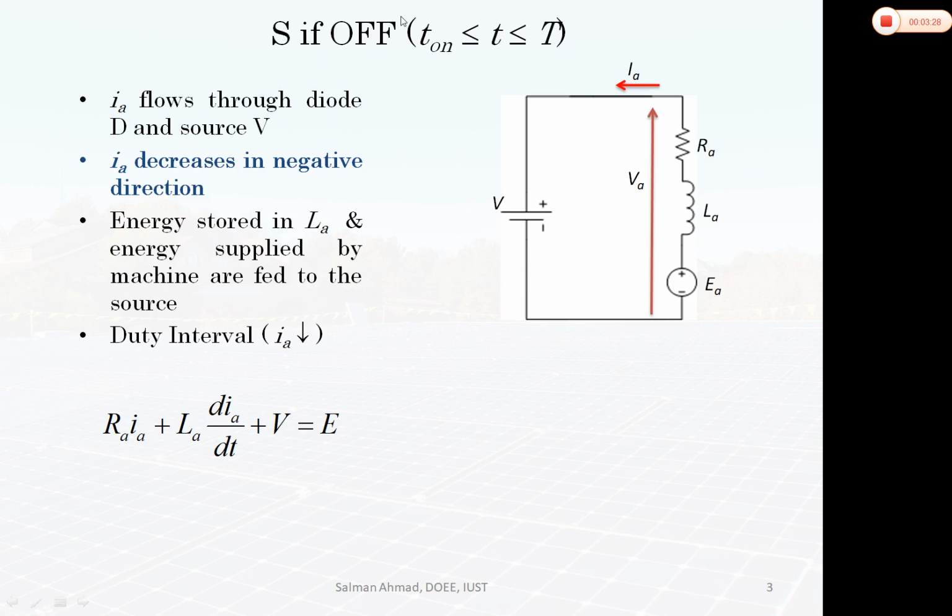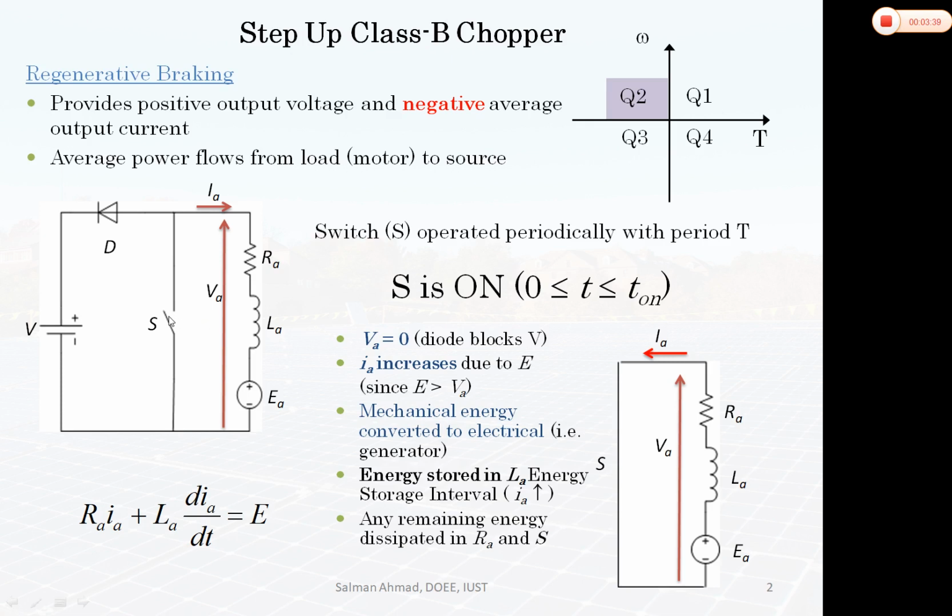Now the second mode of operation is when switch S is off, that is from T on to the total time period. From this circuit we can see that the current was flowing like this. Now this current will force the diode to be forward biased.